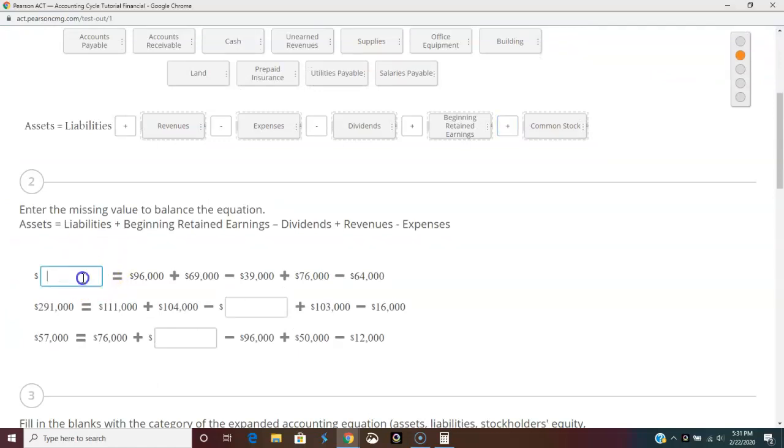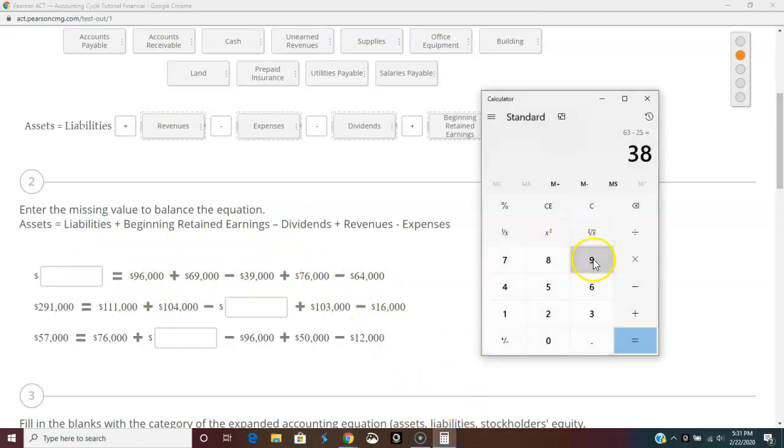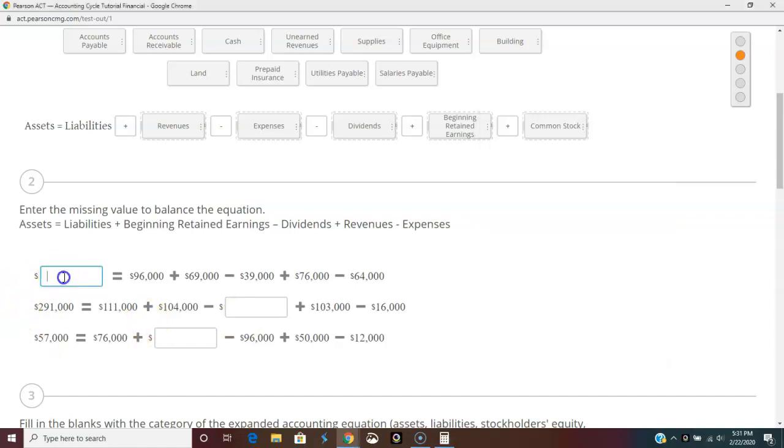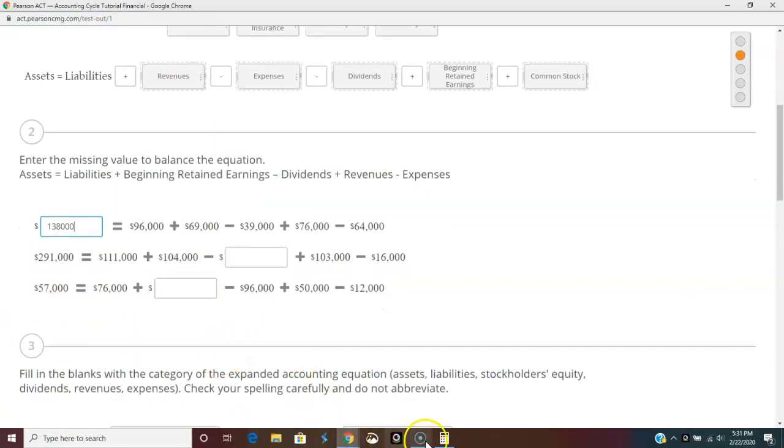Enter the missing value. We've just done a bunch of these. Assets equal liabilities, etc. Isn't this the same one we just did? Could be. 96, I'm being lazy, plus 69 minus 39 plus 76 minus 64 equals 138,000. Find this number.